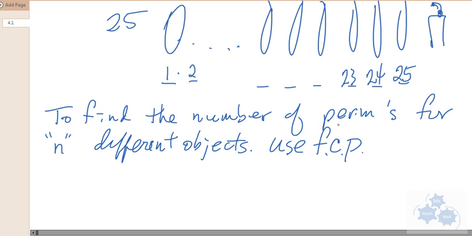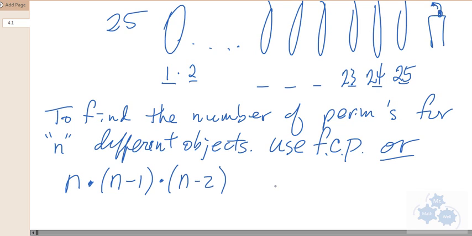I'm just going to abbreviate that for you, FCP. Or you can think of doing this. Take n and multiply it by n minus 1. Then multiply it by n minus 2. Because that's what we've done in these examples.